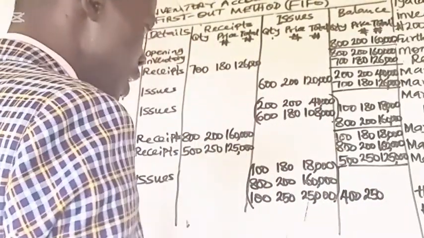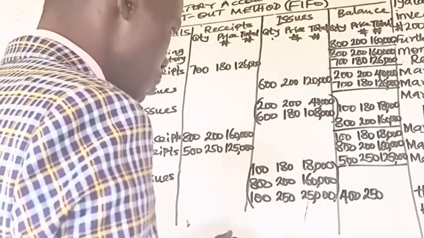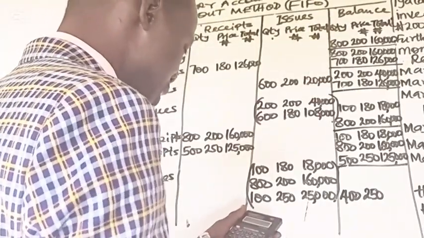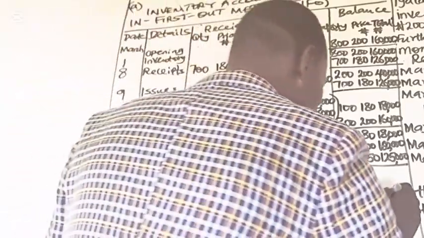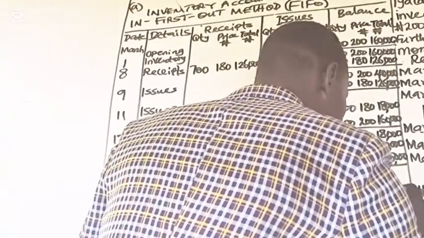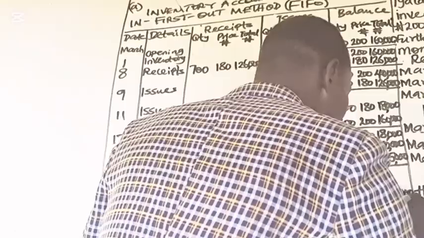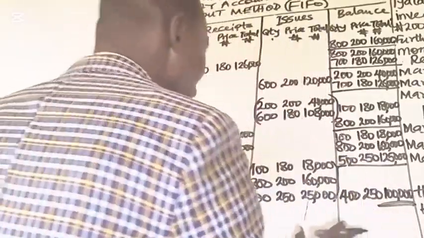So that gives us 400 times 250, which is 100,000. This 100,000 is the closing inventory.